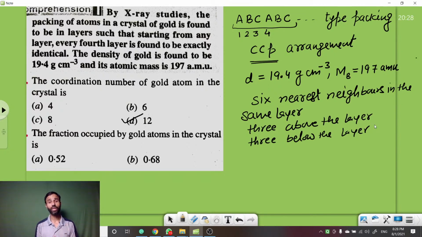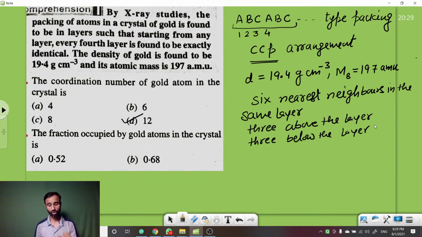In the same layer, 6 are in touch with the given sphere, 3 above and 3 below, and that's why there are total 12 nearest neighbors of the given sphere in CCP arrangement. That's why the coordination number is 12.